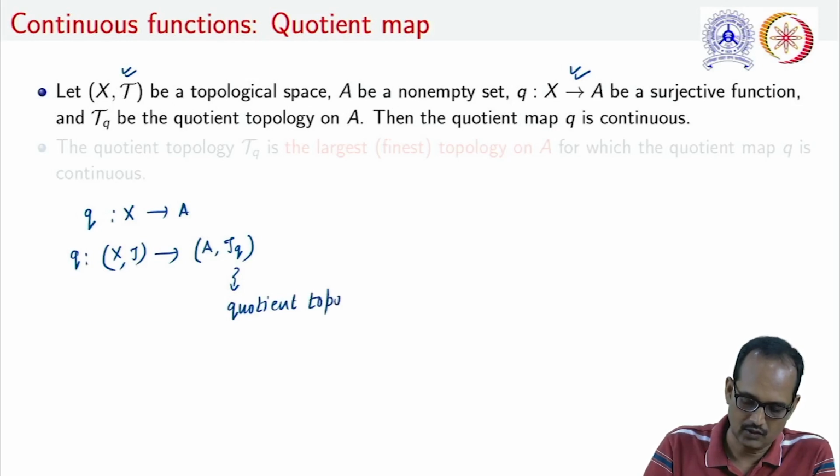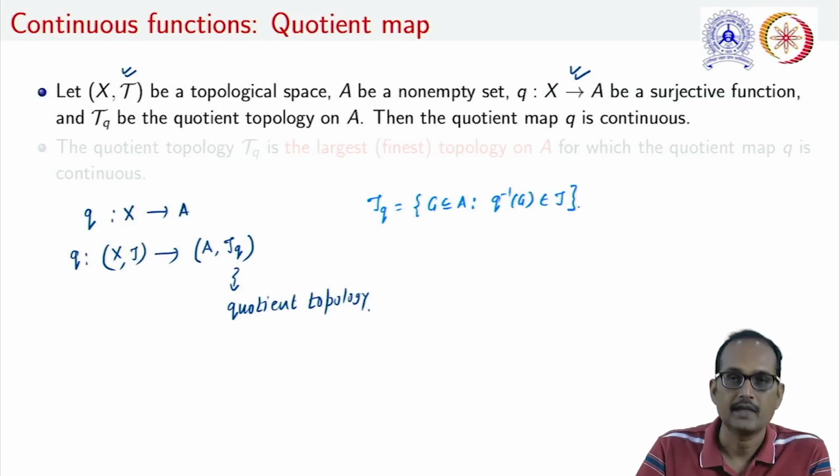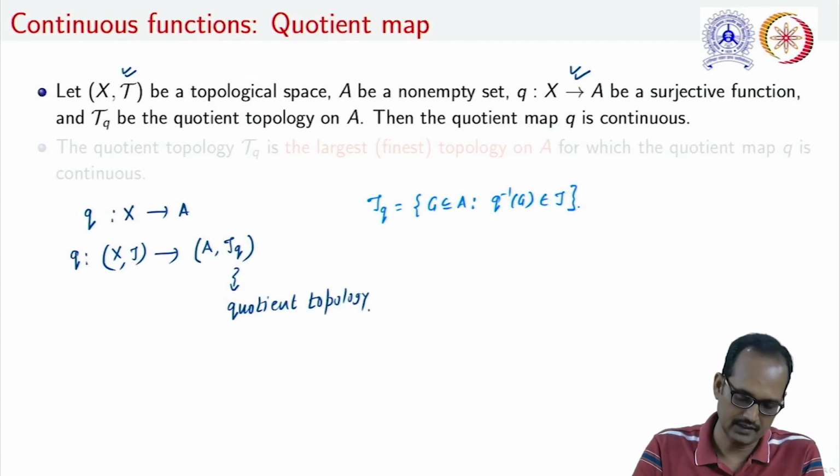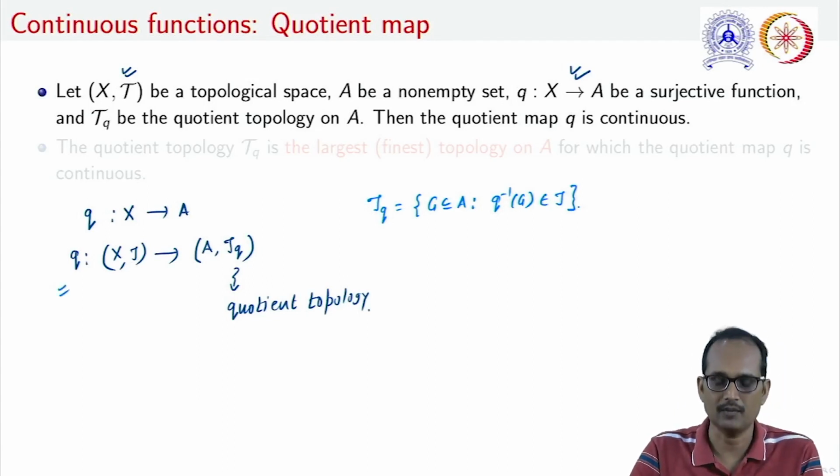Just recall the definition of this topology. This topology was defined as the collection of all those subsets G of A such that q inverse G belongs to tau.